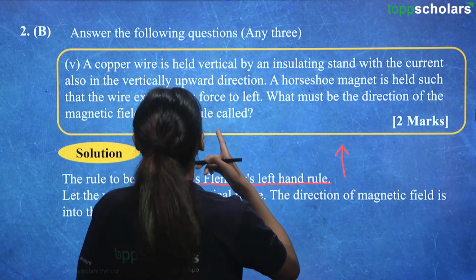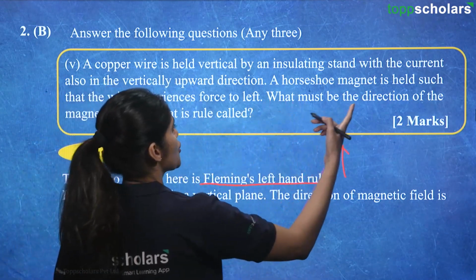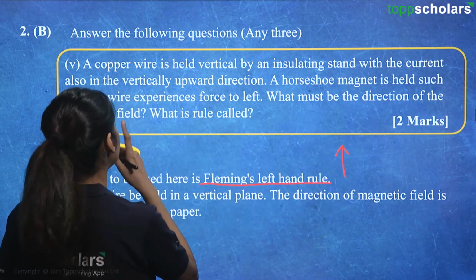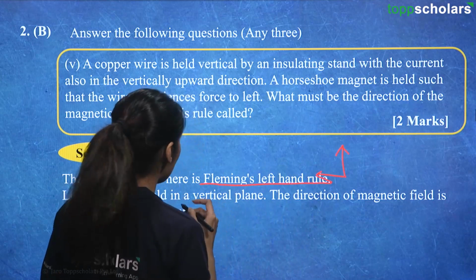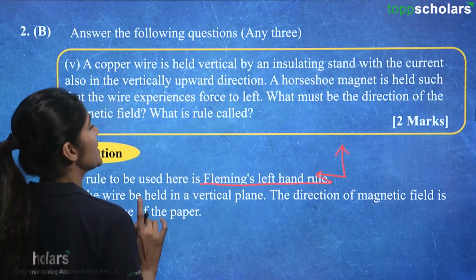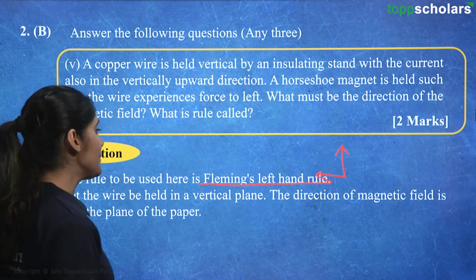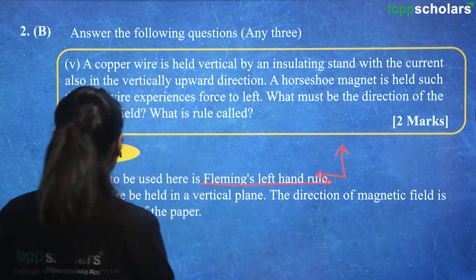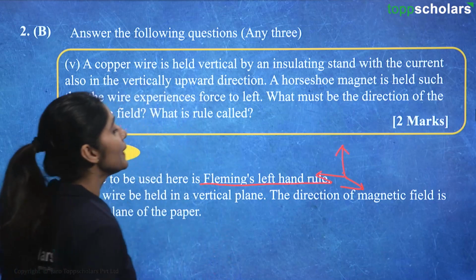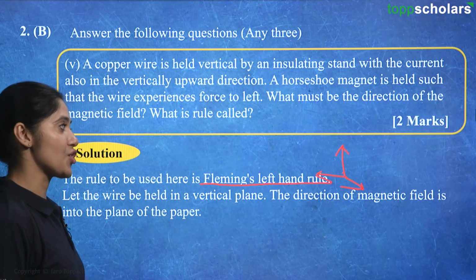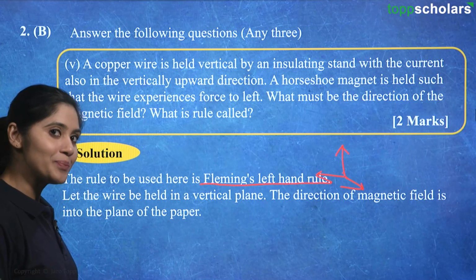If a horseshoe magnet is held such that the wire experiences force to the left, what must be the direction of the magnetic field? The direction of the magnetic field is into the plane of the paper. I hope that is clear now.